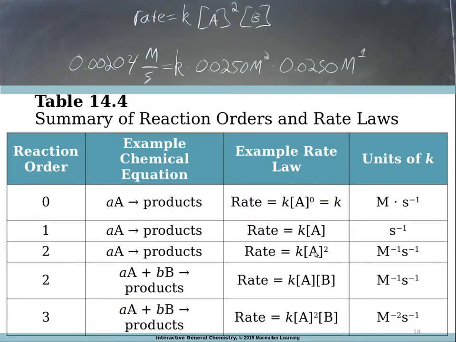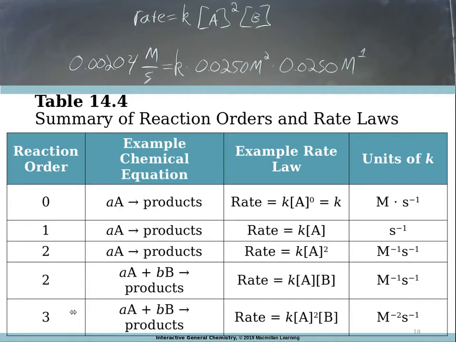You could have it second order with respect to one reactant, or first order with respect to each of 2 reactants. So 2 different types of rate laws, but in both cases, if it's second order overall, then your units will be inverse molar, inverse second.